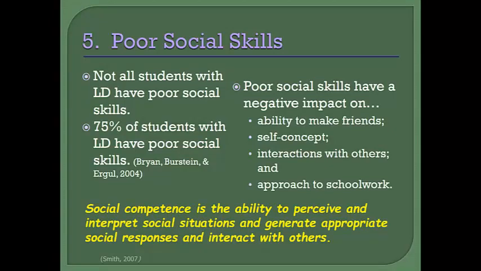5. Poor social skills. Not all students with LD have poor social skills, but 75% of the students with LD do. Poor social skills have a negative impact on ability to make friends, self-concept, interaction with others, and approach to schoolwork.